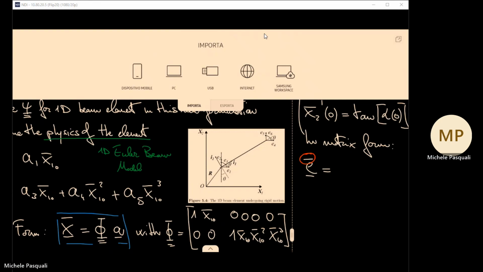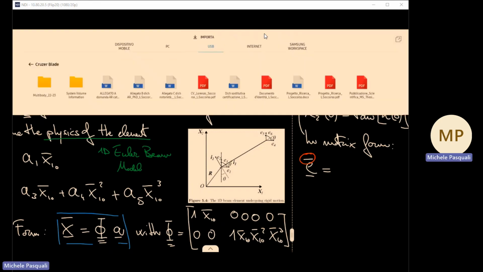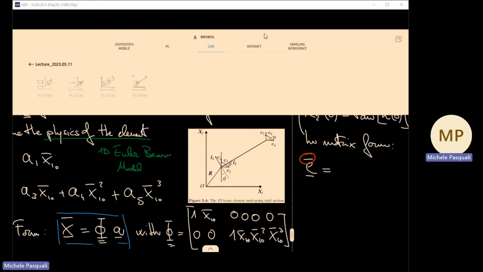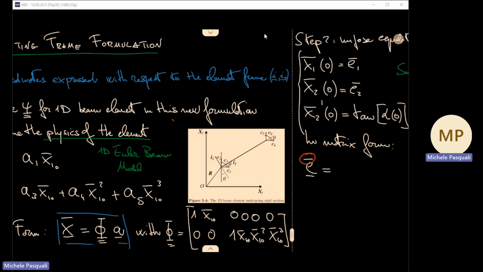Let's see. It's not important. I don't think I have them. So let's see if we can do something about this. Well, we should have that. We'll correct them with the red color. So this is E2, E2 overbar. And here we should have E1 overbar.